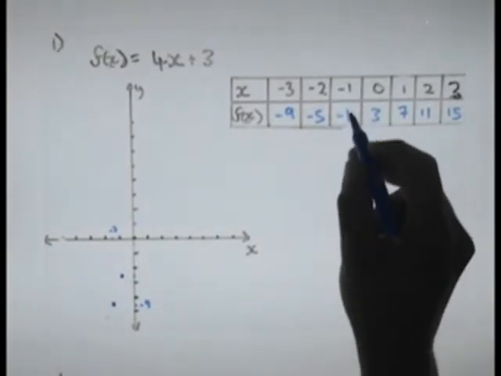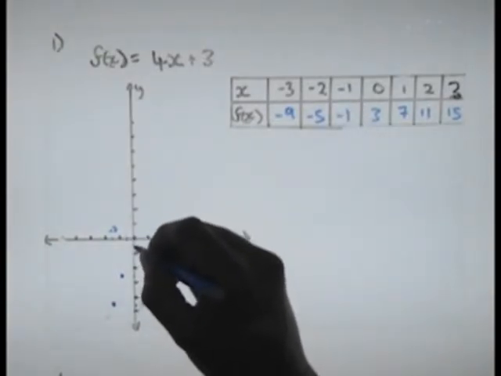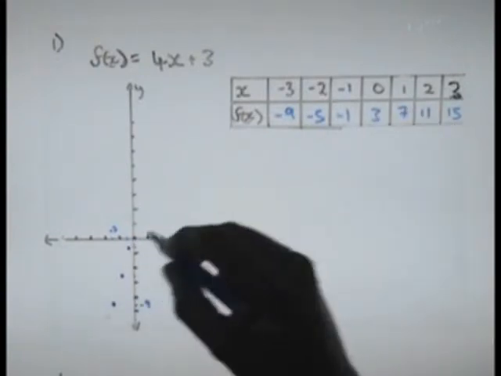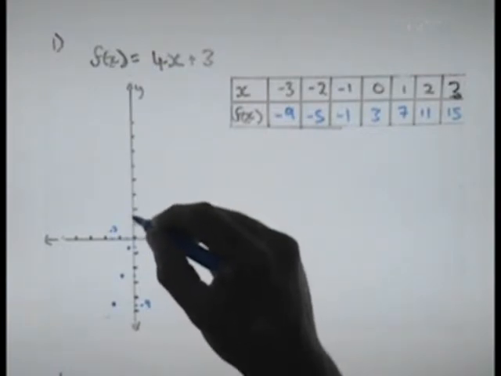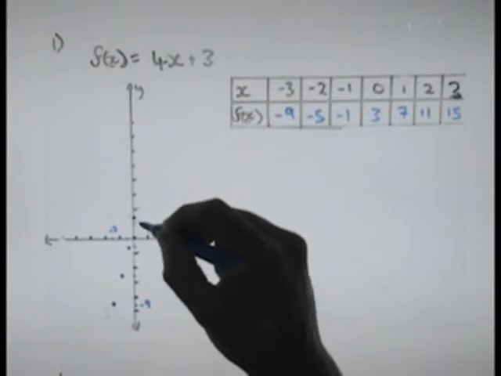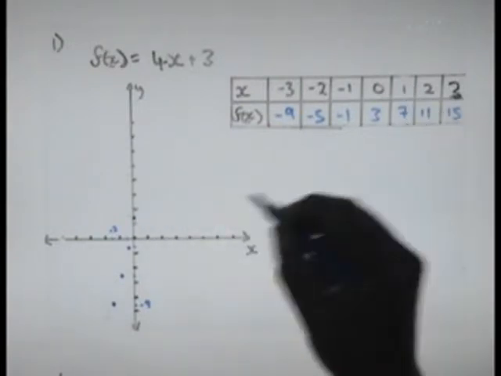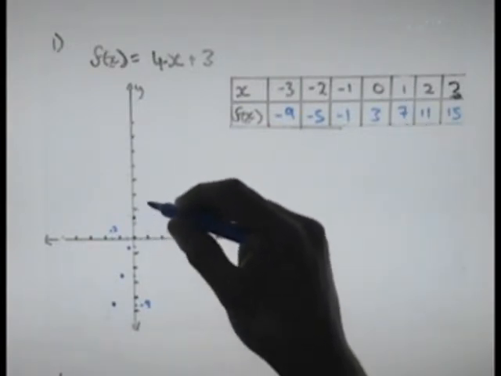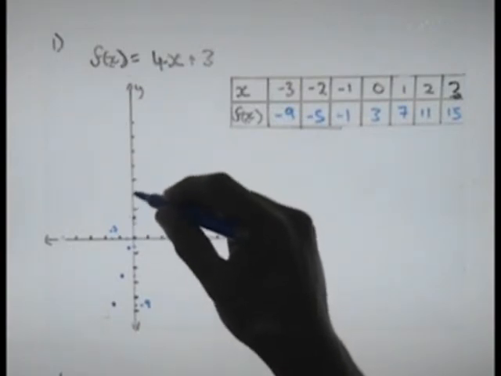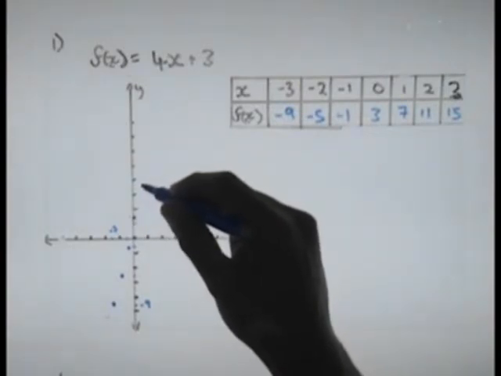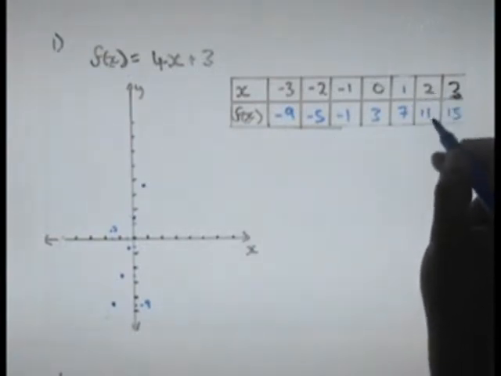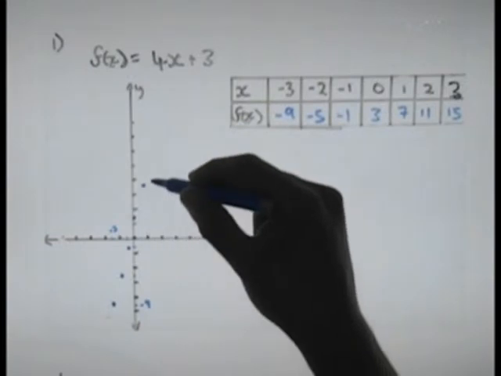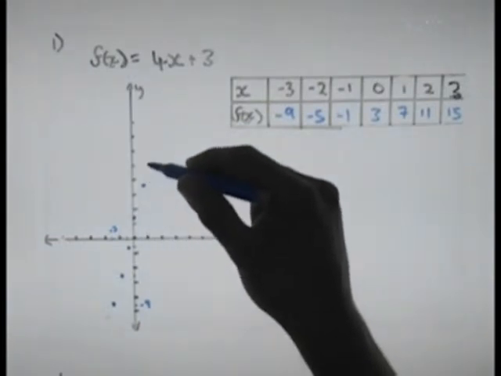The next set is at negative 1, negative 1, so that's over there. The next set is at x is equal to 0, y is equal to positive 3, so it's going to be over there. x is equal to 1, y is going to equal 7, 2, 4, 6, 7. x is equal to 2, y is equal to 11.